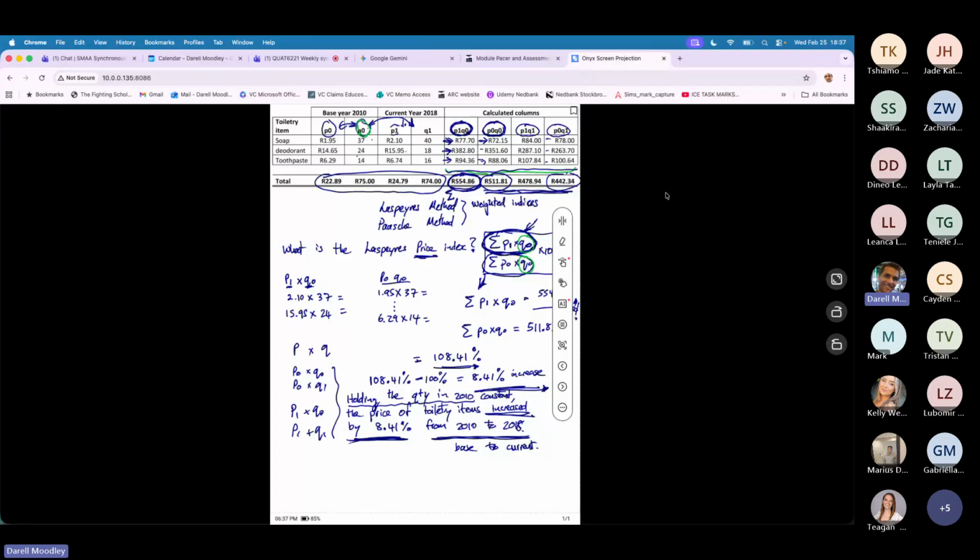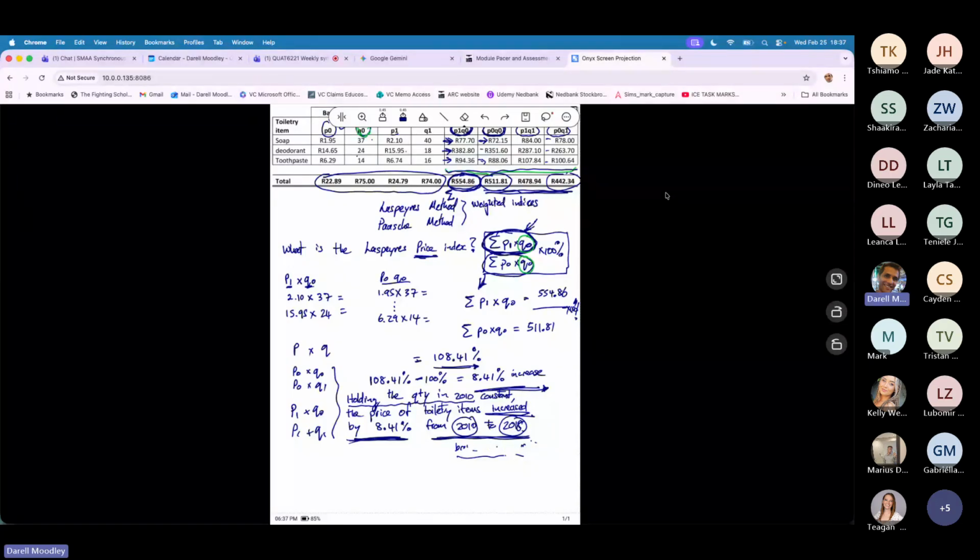You can't just leave it at base and current. It's general. You need to show that you know how to interpret the data that's given to you. This can be applied for anything, but you need to answer it specifically for this problem. So you need to specify what the base year is, which is 2010, and you must specify what the current period is. Please make a note of that and remember that when you're doing your assignment and writing your exam.